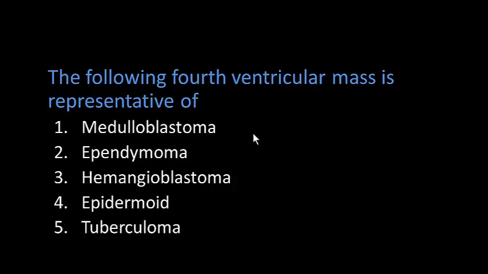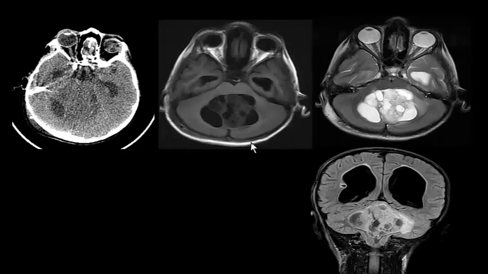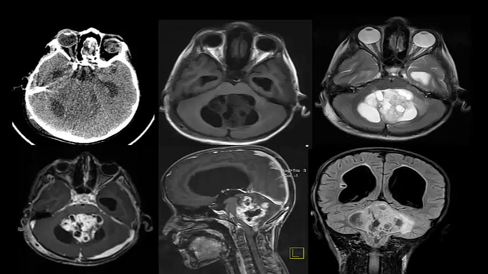All right, so let me do this exercise. In medulloblastoma, as you see, the age is very important, and a typical medulloblastoma can have this kind of bizarre appearance, with cystic and solid areas, and on contrast they can have this kind of enhancement.